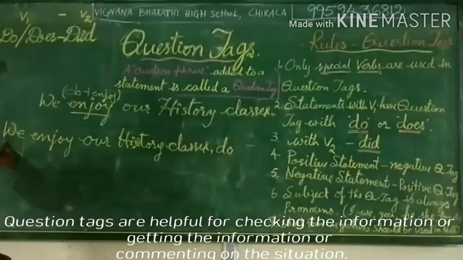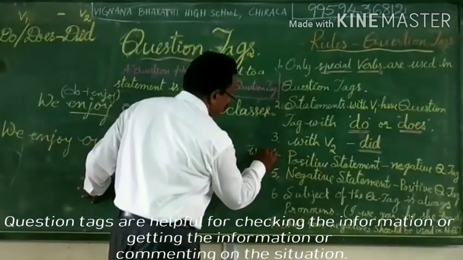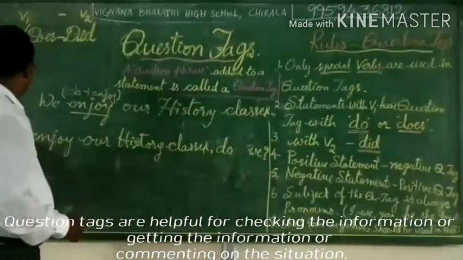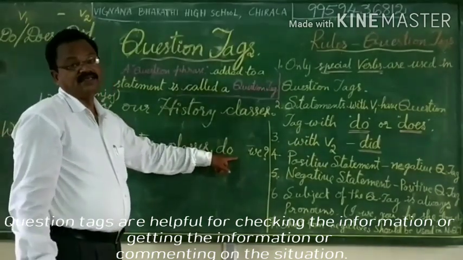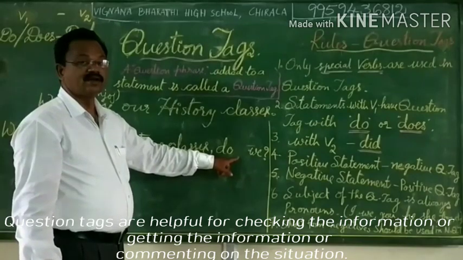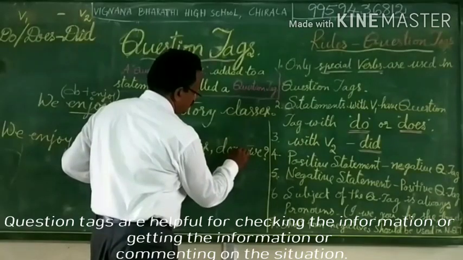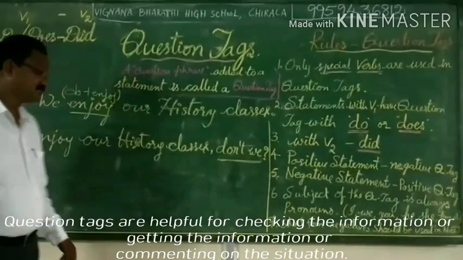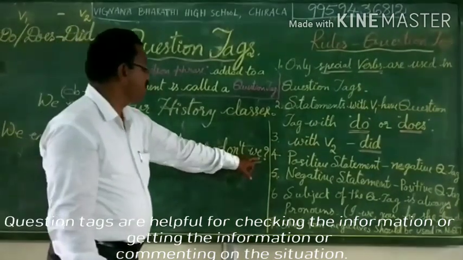Here the subject, we, is already a pronoun. So we write we, question mark. But the statement is positive, so we arrange a negative: we add not to this special verb, in short form, don't. Don't we? We enjoy our history classes, don't we?